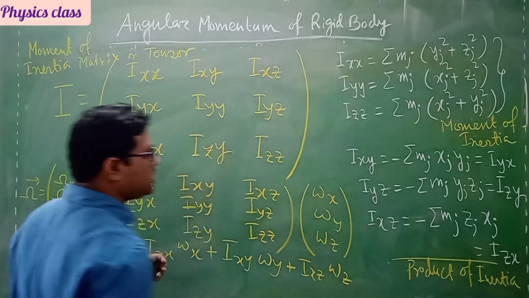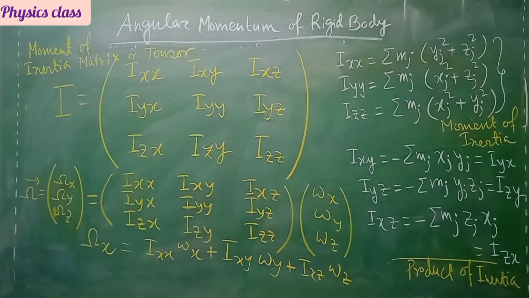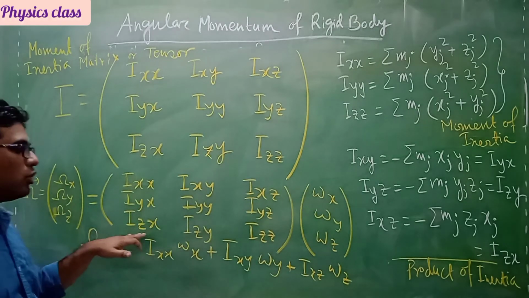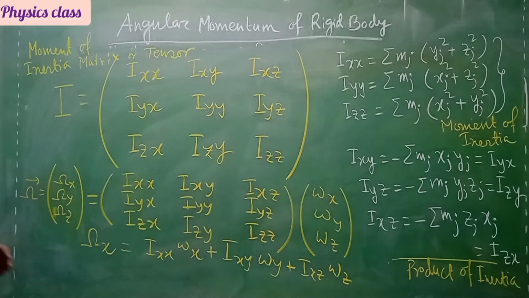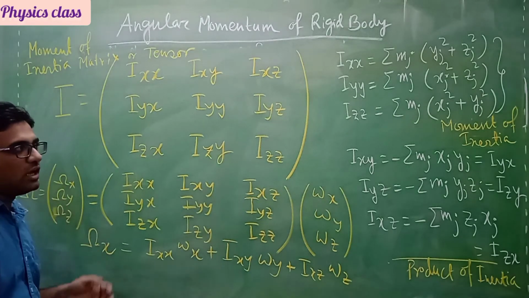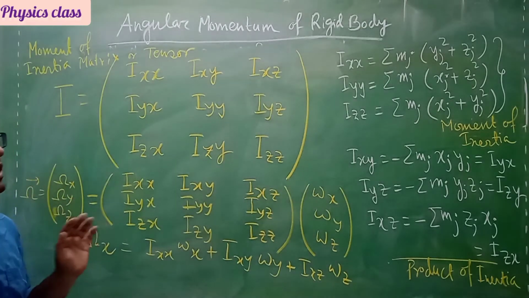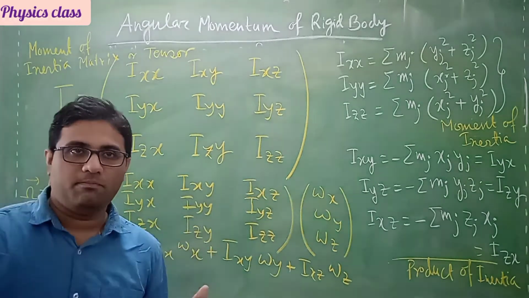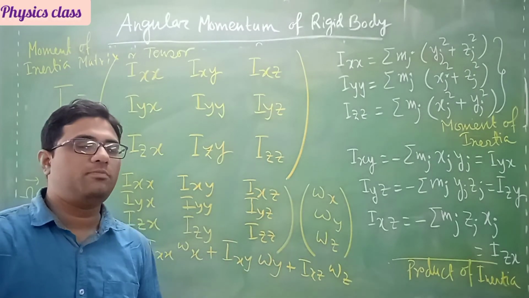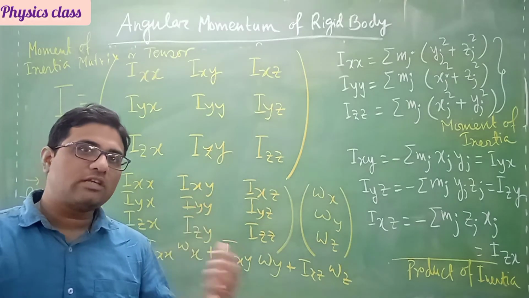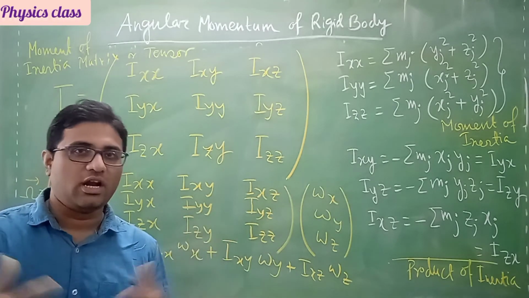In this way, you know how matrices are multiplied. Then similarly Ly and Lz we can write. Okay. So this is all about the angular momentum of a rigid body when the axis of rotation is very general.